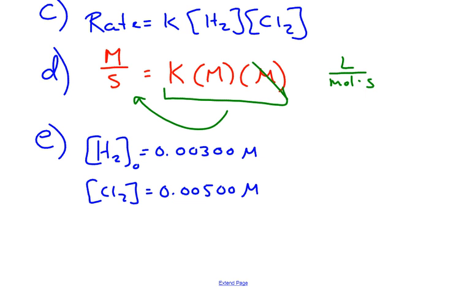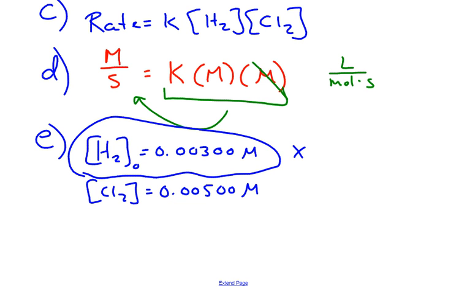I like the other idea of plugging it all in, getting your k, and then replugging it in. But it would basically mean, because it's first order, this would triple the rate. So what is the rate? 1.82, so it becomes what, 5.46 times 10 to the negative 12th. And then you need a unit.